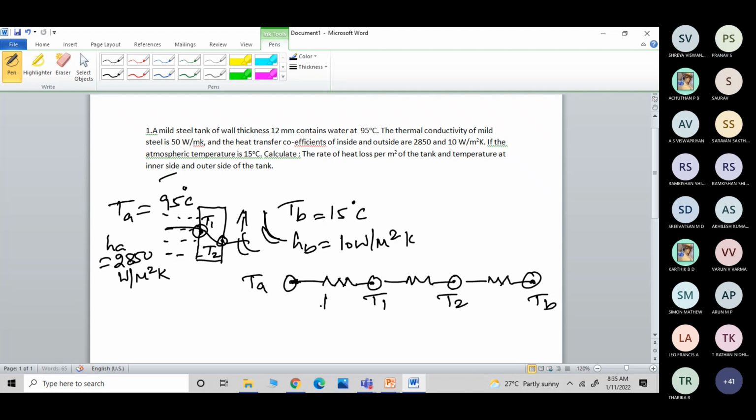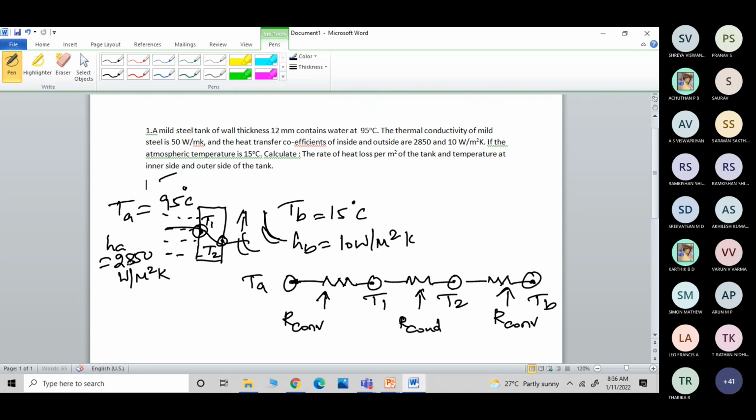So this is the first resistance, convective, this is conductive, and again this is convective. Three resistances: the first resistance is offered by the fluid, the second by the solid, and the third by the air.